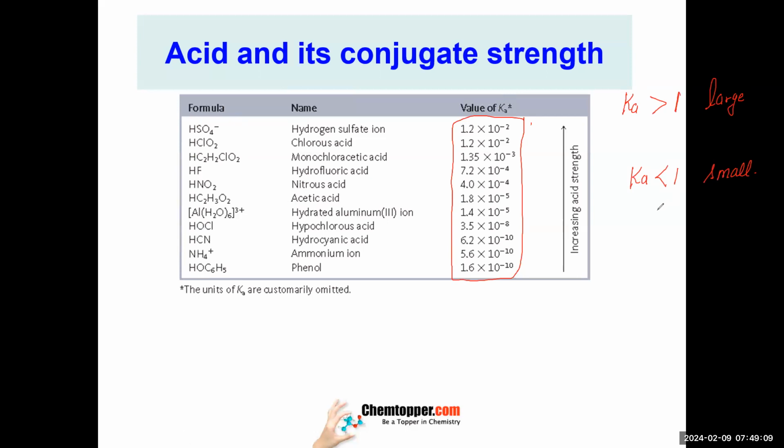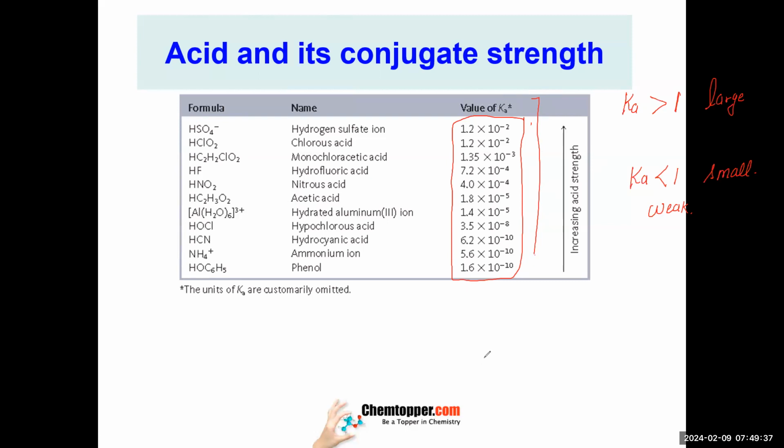So small value means weak. So what do you think, Afan? These are strong acids or weak acids? Ariba, you're answering? So all these are weak acids.